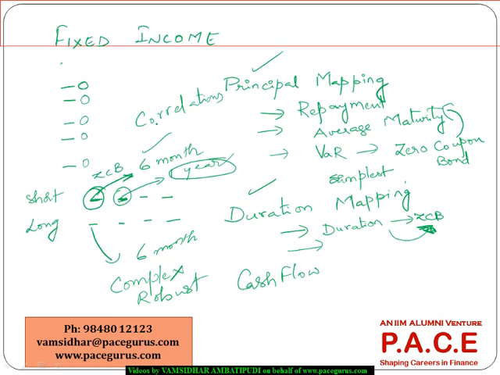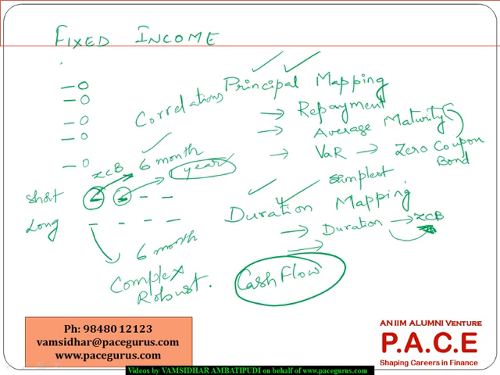Correct? So just to summarize this process, when we are talking about the fixed income securities as a part of our portfolio, either I can look at the principal based mapping or a duration based mapping or a cash flow based mapping, and each of them has a different level of complexity.